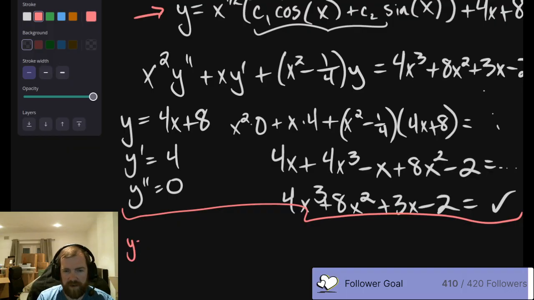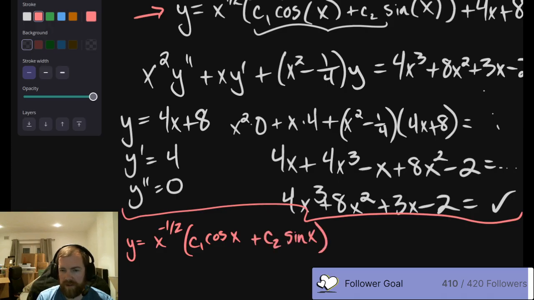So we say, let y be equal to x to the negative 1/2 times c1 cosine x plus c2 sine x, plus 4x plus 8.